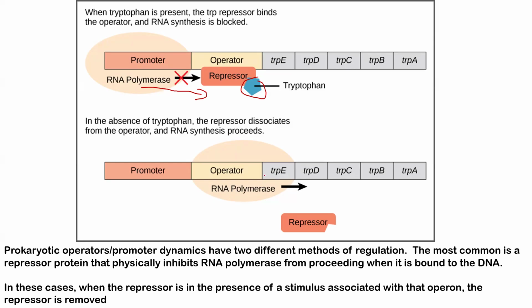However, when tryptophan is lacking, when there's an absence of tryptophan or not enough tryptophan to reach saturation, there's not enough tryptophan to bind to the repressor, so the repressor cannot bind the operator, and therefore RNA polymerase is able to bind the accessible promoter and read through the entire operon.